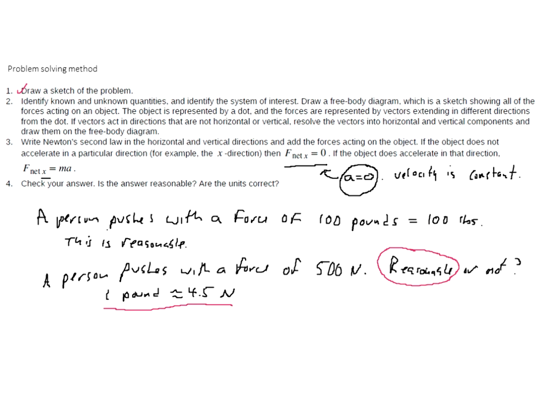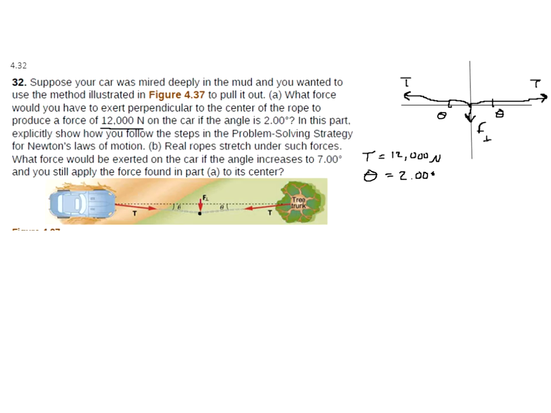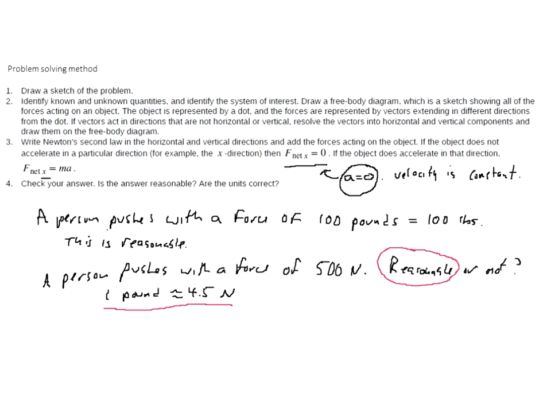We have sketched the problem. I didn't do a very good job keeping track of what I did before, so I'm just going to get rid of that. So we've drawn a sketch of the problem. We actually didn't do the knowns and the unknowns. We did the knowns here, but then we want to know what F perp is.